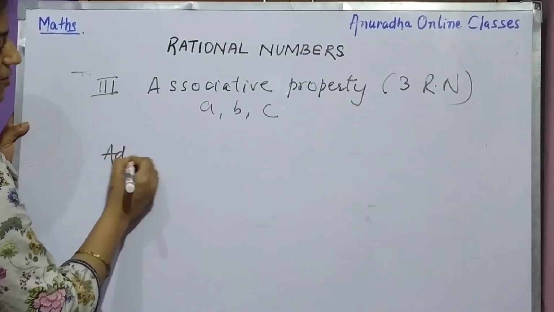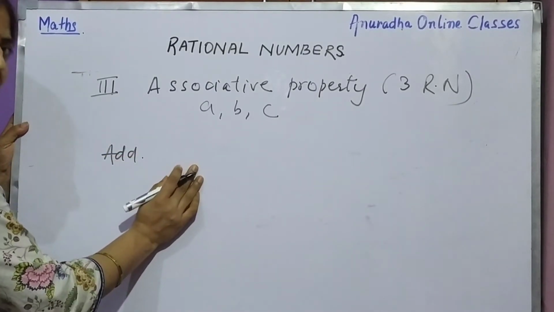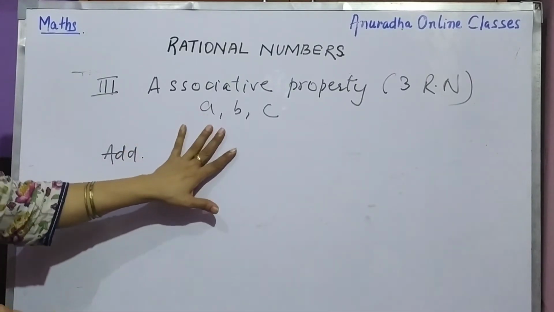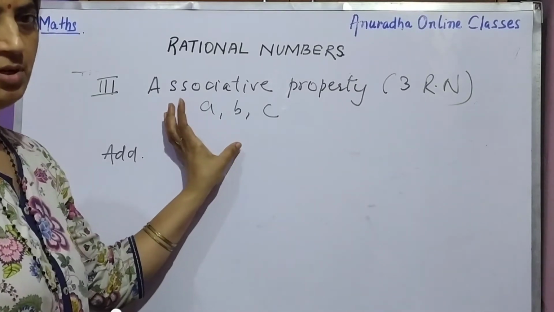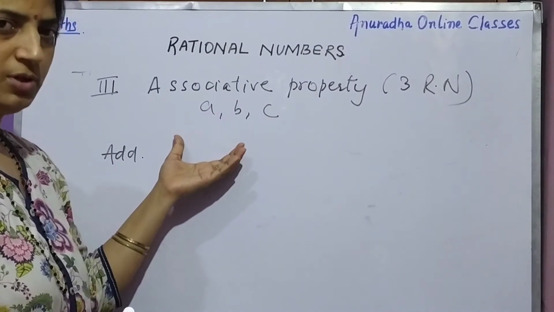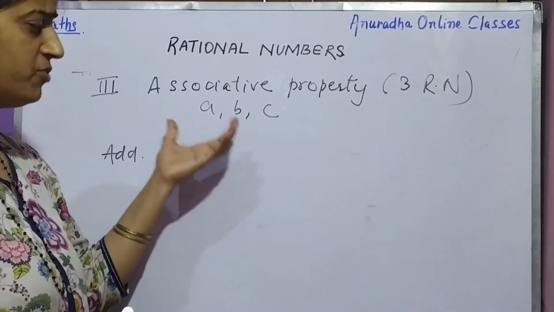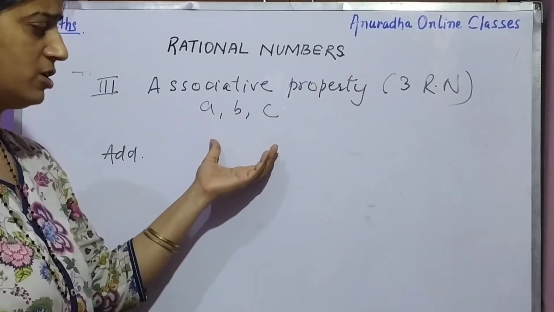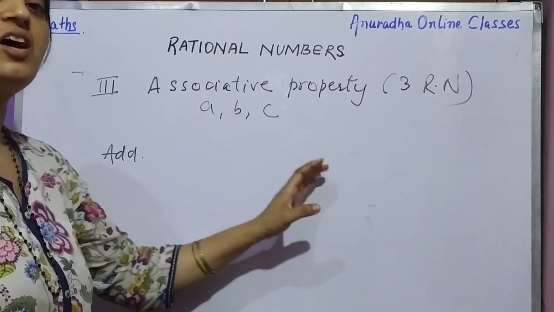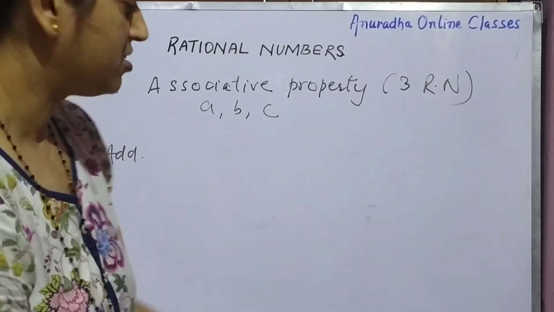First we have taken addition. Right? Associative property says if we make groups of 3 rational numbers, if we make the association of 3 rational numbers in any order, then LHS and RHS are equal. Let us see.